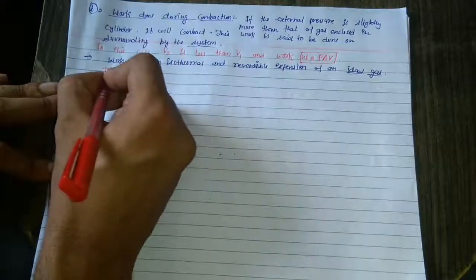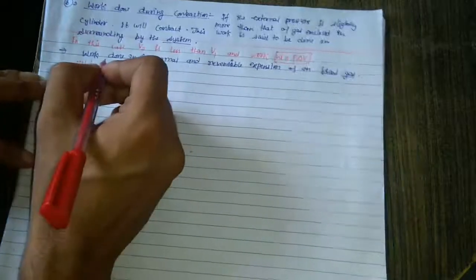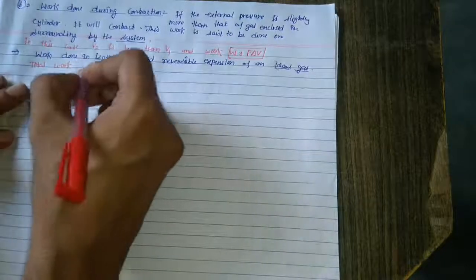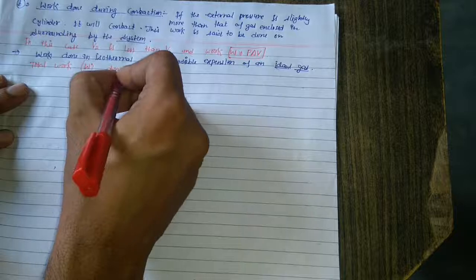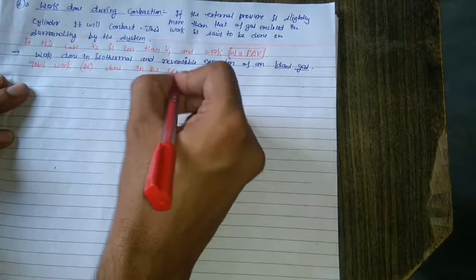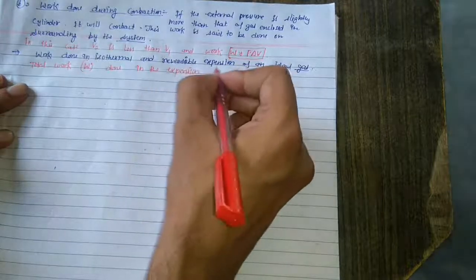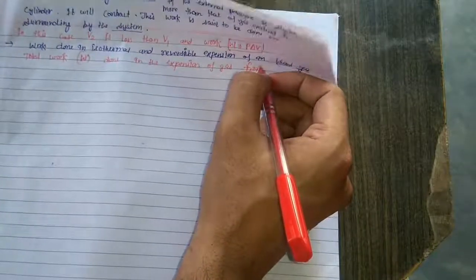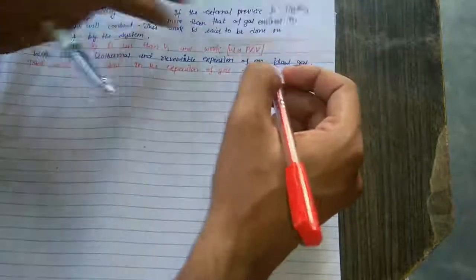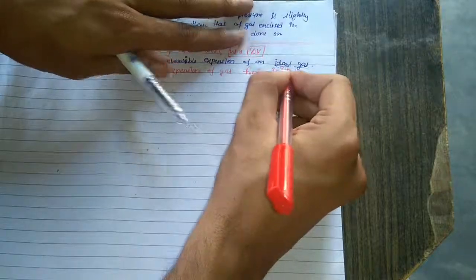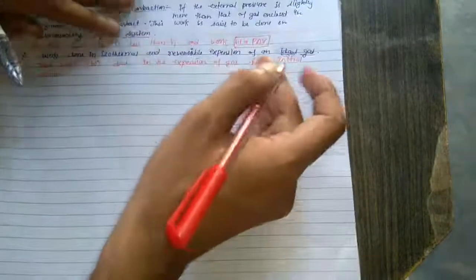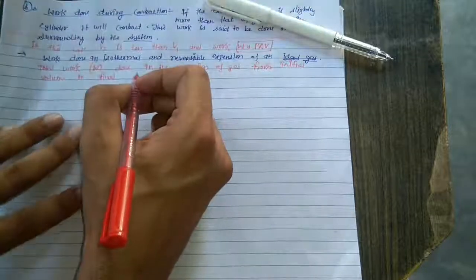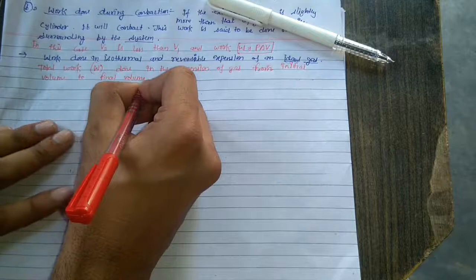So the total work W done in the expansion of a gas from initial volume V1 to final volume V2.